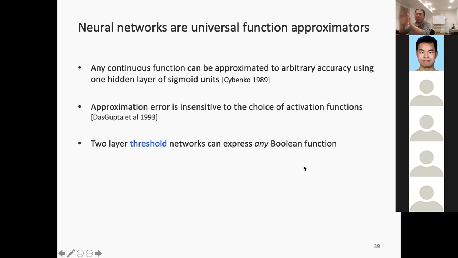The XOR function cannot be represented by any linear function, but if you stack two linear classifiers together, using linear threshold units to construct a two-layer neural network, now the expressiveness is dramatically improved. It can approximate any Boolean function, including XOR.